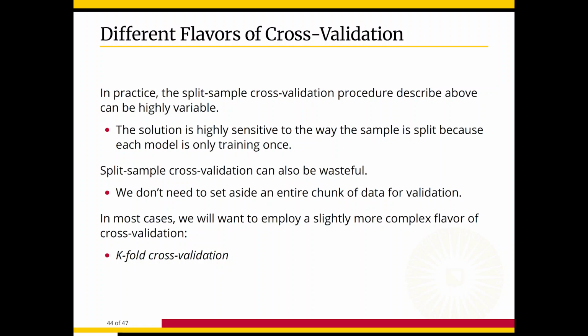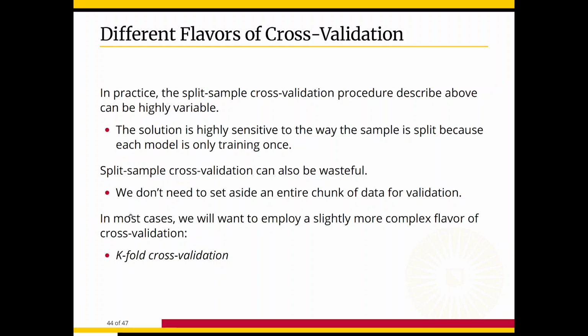But oftentimes data is expensive and we don't want to have to collect needlessly large samples. In that case, it kind of sucks that we would have to set aside a quarter of our data just to evaluate the predictive performance. So that's something else that we would like to be able to avoid.